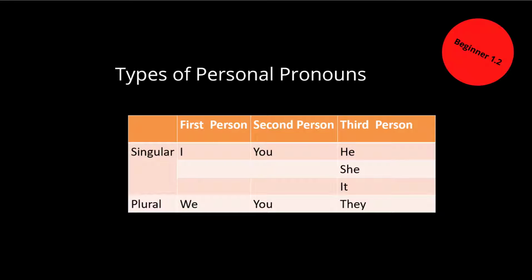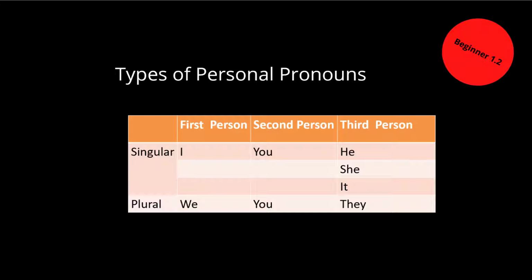This table lists all the types of personal pronouns. Personal pronouns are important in the English language because simple sentences usually start with personal pronouns. There are two types of personal pronouns, singular and plural.